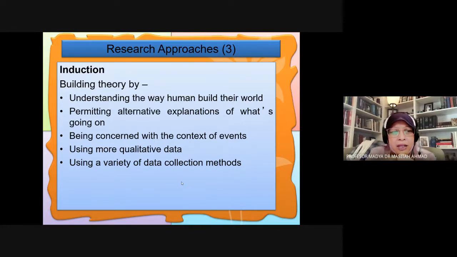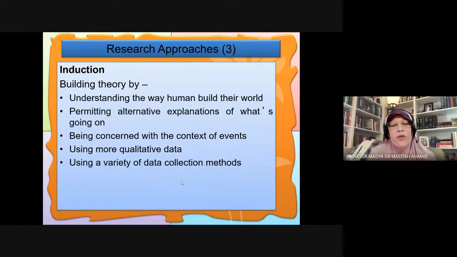And the next is being concerned with the context of the event. So when we are doing these inductions, especially building the theory, we need to see the context, the event, what happened in the places. Each place, of course, will have a different way of handling it, and we use more qualitative data.